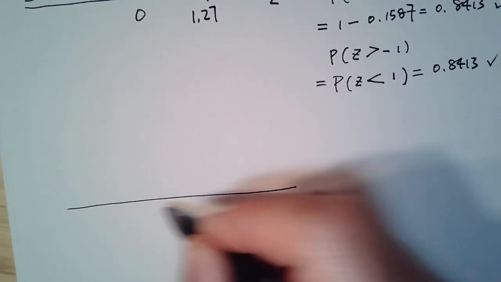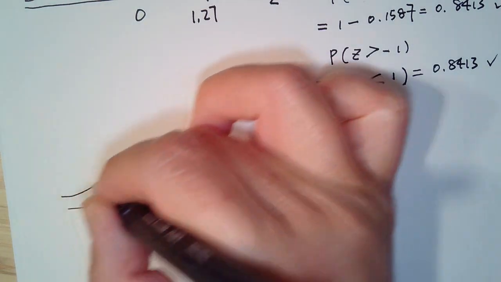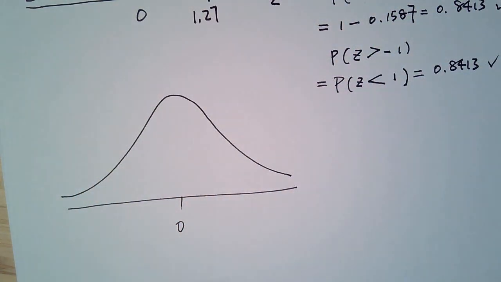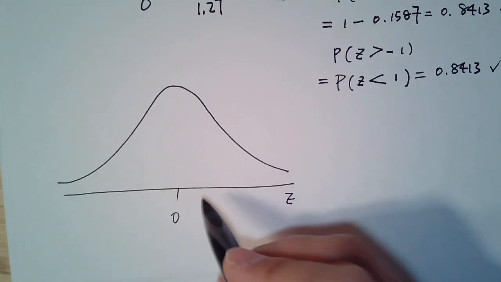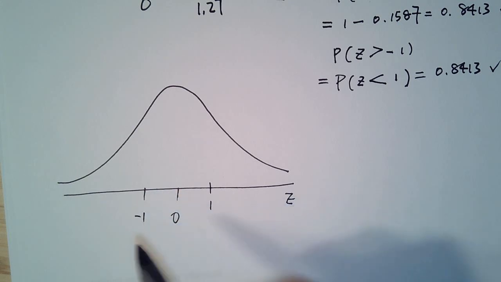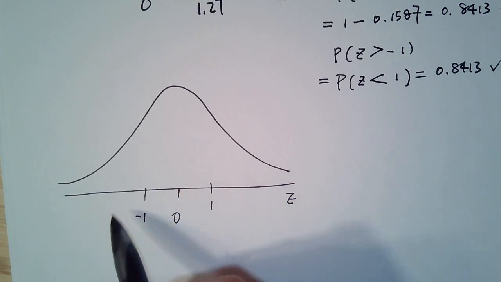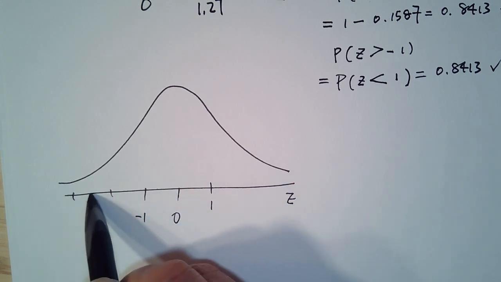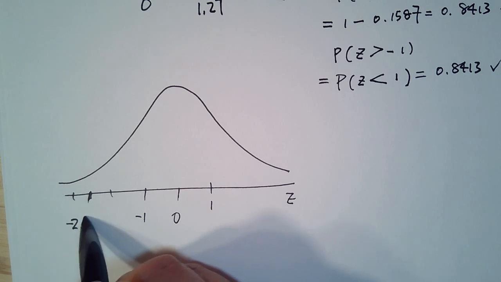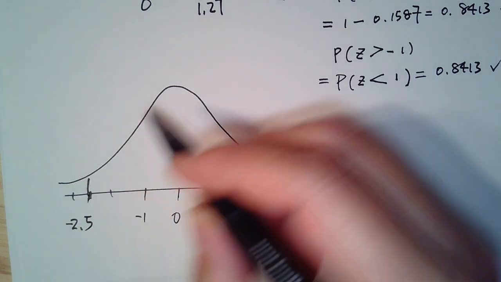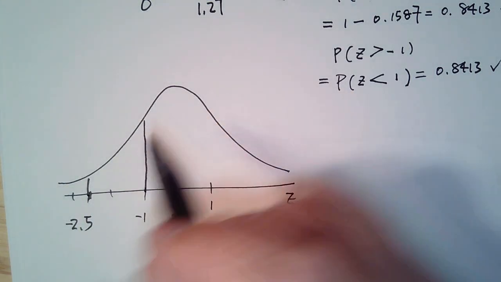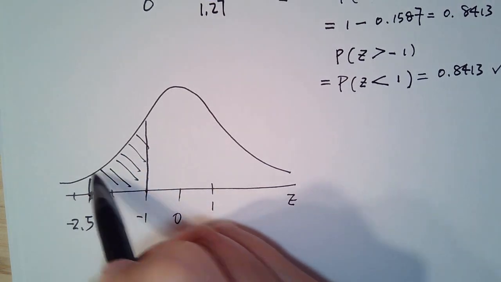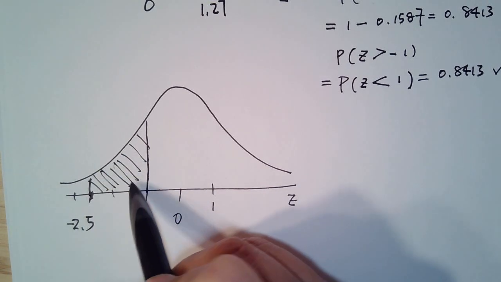Here's a 0, and you draw this. You're going to be very good at this. You're going to be better than me, okay? So here's 1, here's -1. And then we talk about between -1, -2, -3, and here's -2.5. So I'm asking you, what is this area?